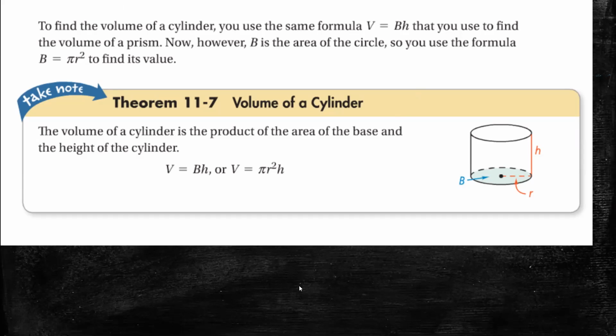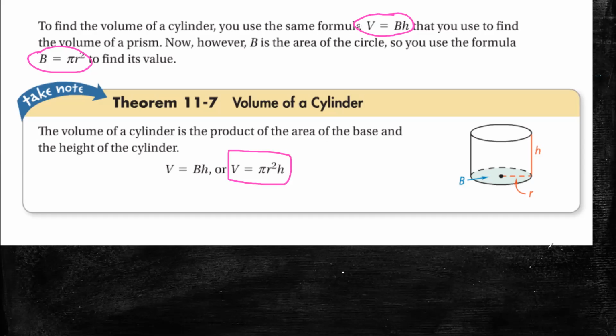Since the volume is B times H, and we know that the base of the cylinder is a circle, and the area of a circle is pi r squared, I will say that the volume is pi r squared times H. This is the volume of the cylinder.